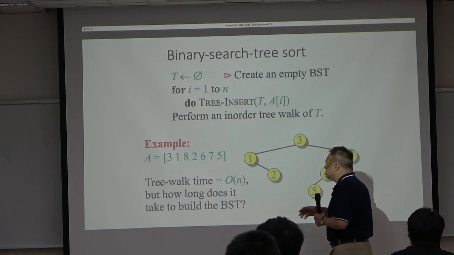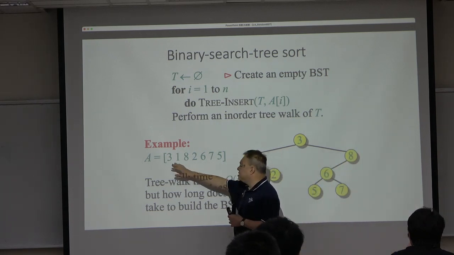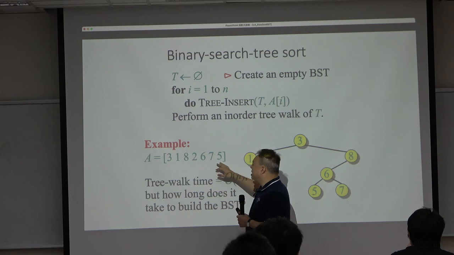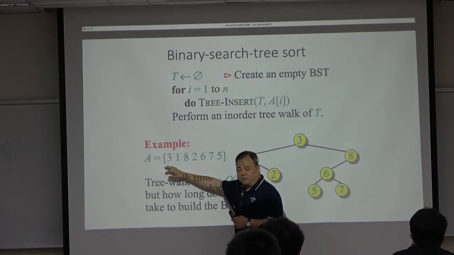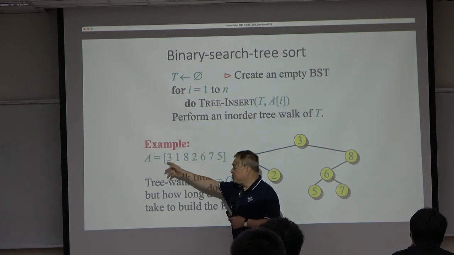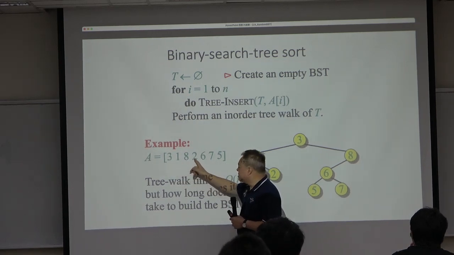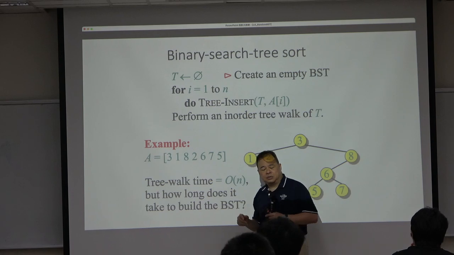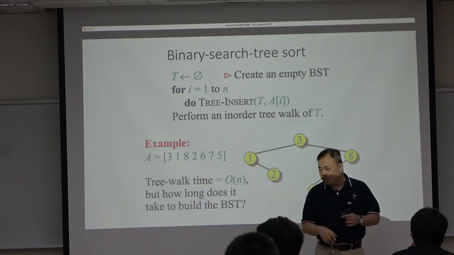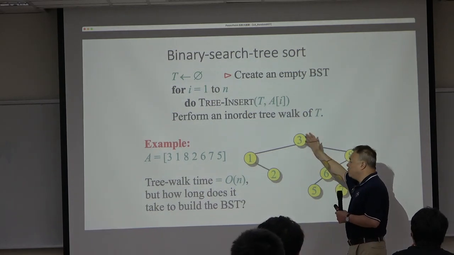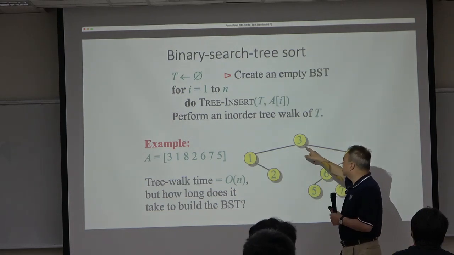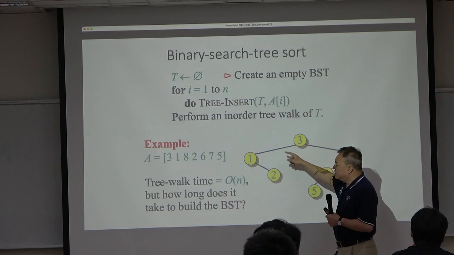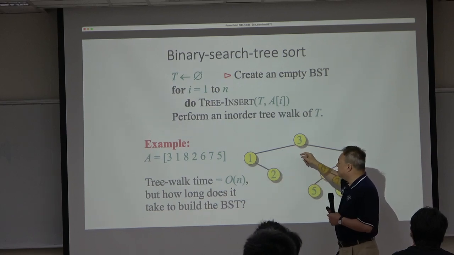Okay, so for example, if you are given these numbers, 3, 1, 8, 2, 6, 7, 5. You are going to insert these numbers in this order into a binary search tree. Originally the tree is empty, so the first number you enter is 3, right? So 3 becomes the root, and the second number is 1.